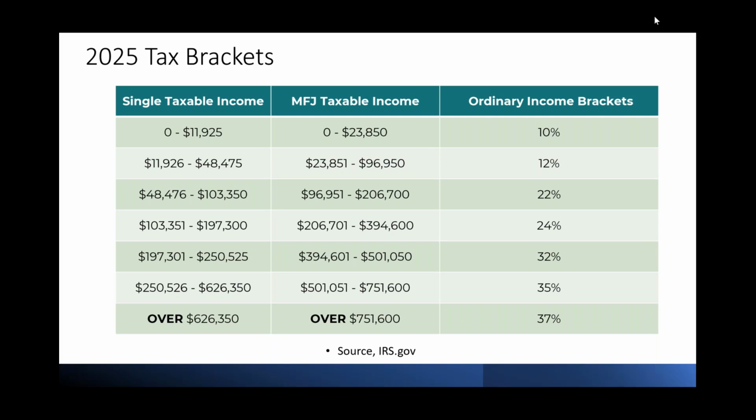So for an example, most of you listening, whether you're married filing jointly, which is that middle column, or you're single or head of household, or married filing separately, you're going to fall to that left tax bracket, the single taxable income.